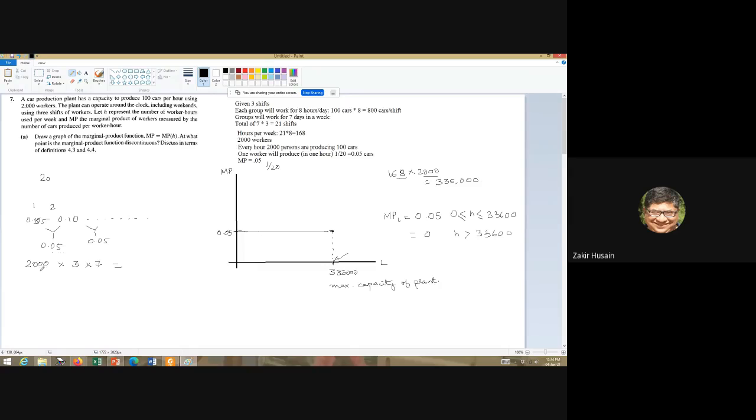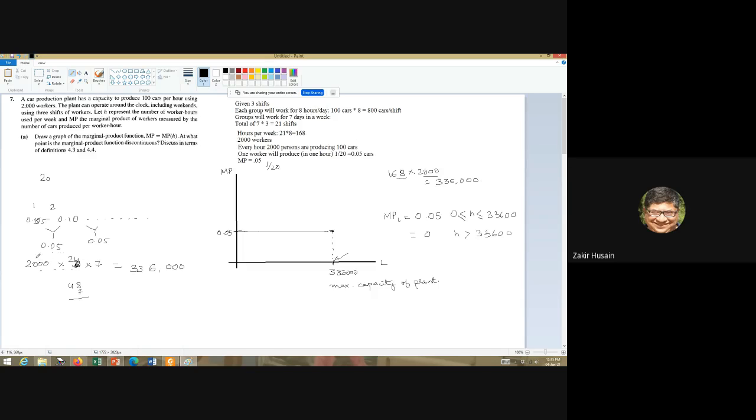So at the most, you can employ up to this amount of working hours. No, sorry, this will be 24. There are 24 working hours. So 48 into 7, 6, 5, 7, 4 are 28, 336.